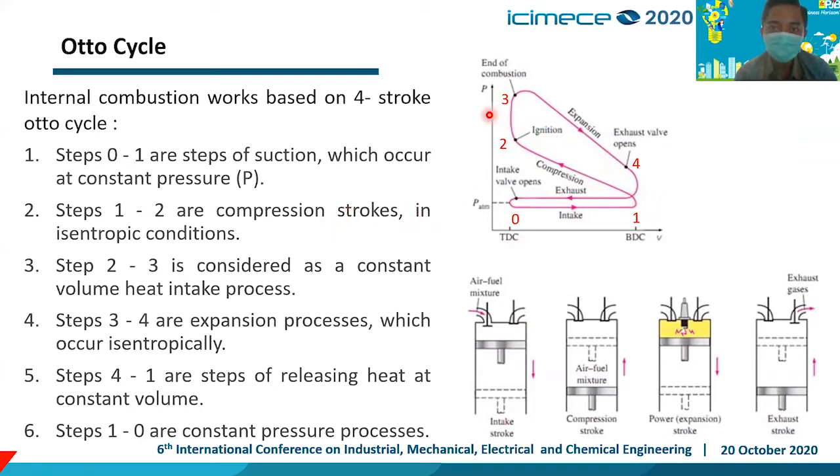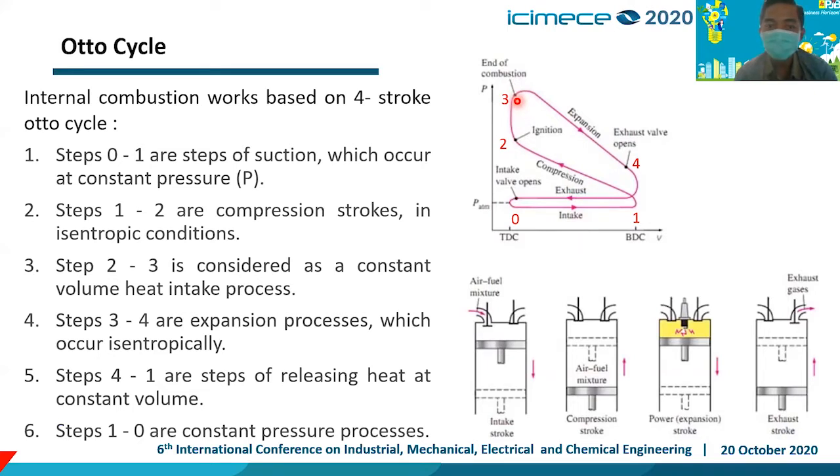to step 2, the compression, which is the compression stroke, in isentropic condition. And then the third, step 2 to 3, is considered a constant volume heat intake process. As we can see here, number 2 and number 3 is the constant volume heat intake process.